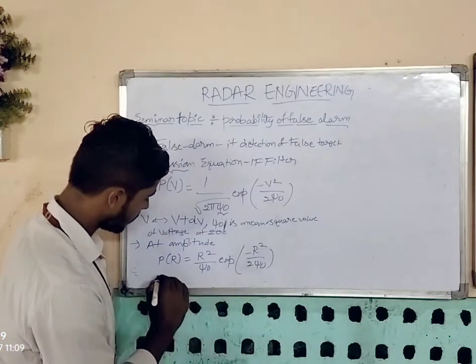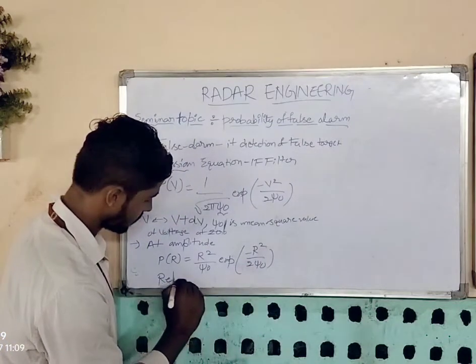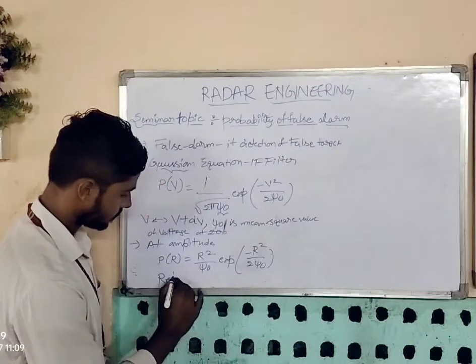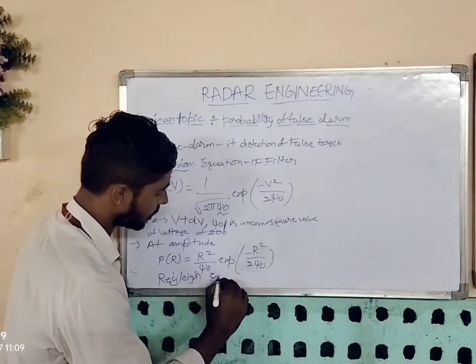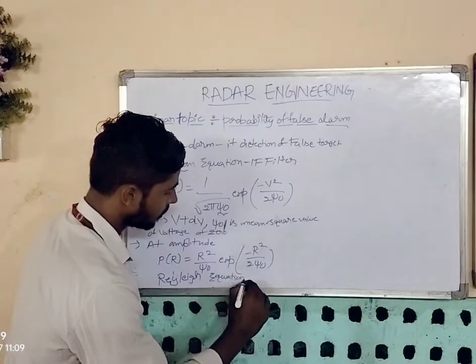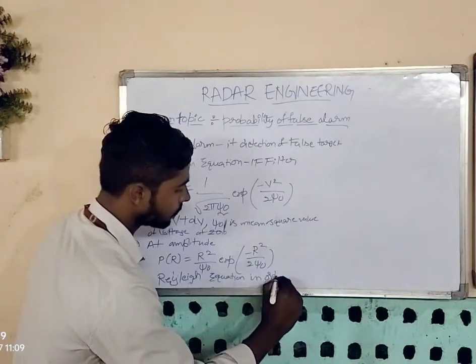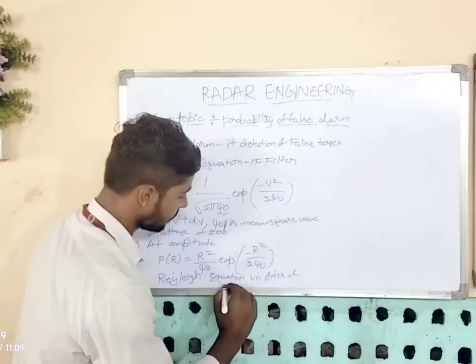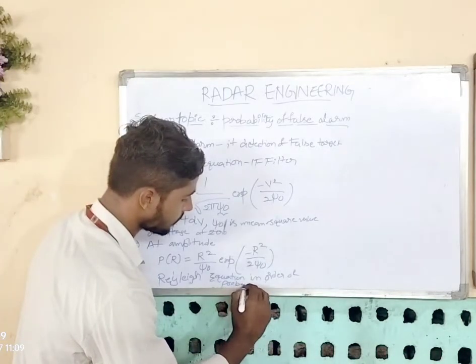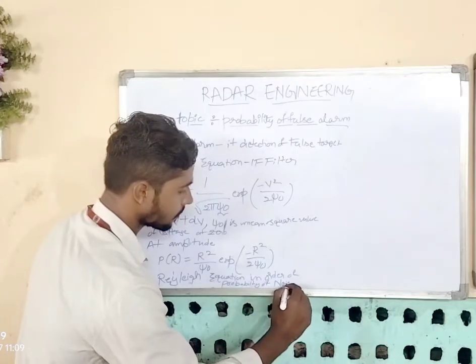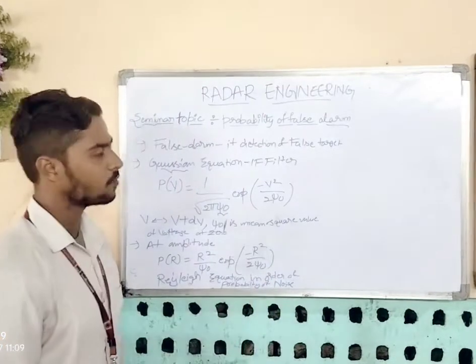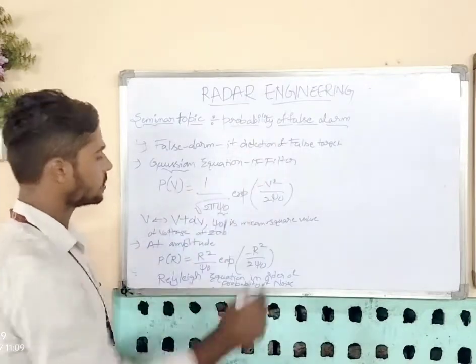This is called the Rayleigh equation, used in finding the probability of noise. Based on these two equations, we can find the probability of a false alarm.